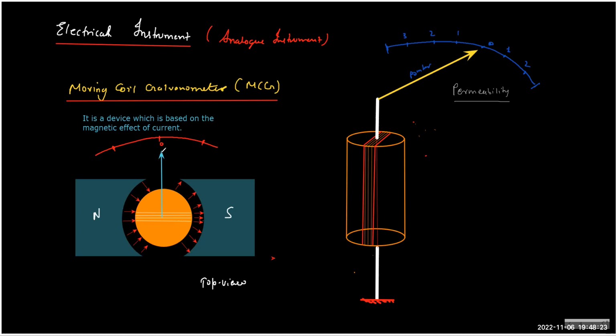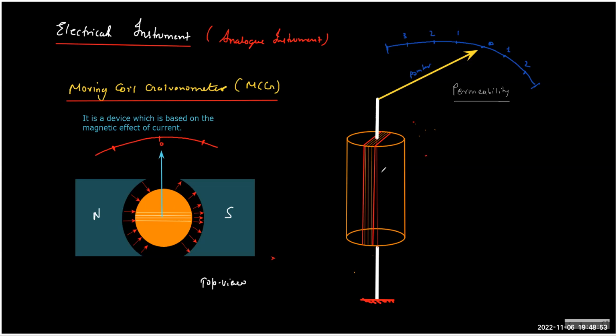If the needle can deflect clockwise or anti-clockwise, in such a scenario we keep the 0 in the middle. The two directions also give you the two different senses of flow of current. If clockwise current creates the right deflection, then anti-clockwise will create the left deflection. Sometimes if you connect the battery with opposite polarity, the deflection will occur on the other side. So this is how we create this device.